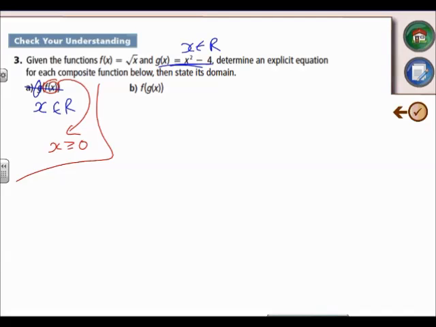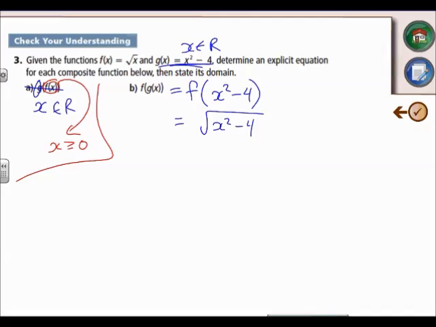Let's start the game again with, let's get an equation. So the g I'm stuffing into the f. So let's stuff the g inside of the f. Wherever I see an x in the f, I'm putting x squared minus 4. So there we go. Square root of x squared minus 4.